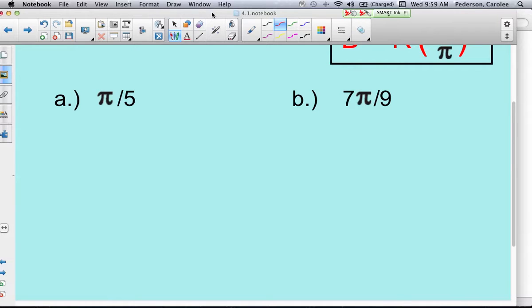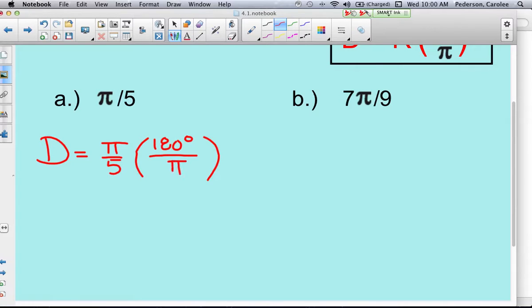So now we want the degree measure. So we multiply the radian of pi over 5 times, and what's the fraction going to be? 180 degrees over pi.